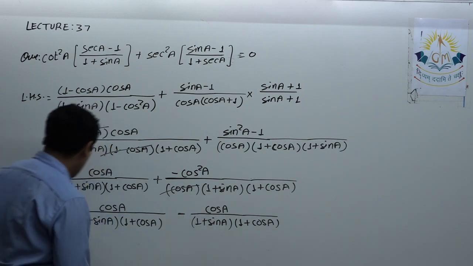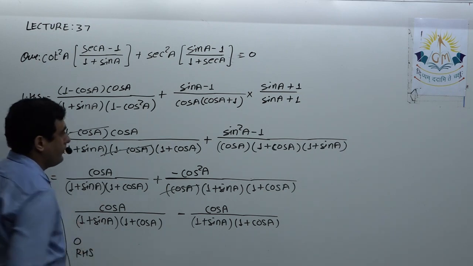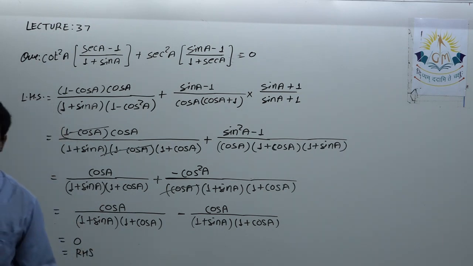So this will cancel out with this. So here I will get 0, which is equal to RHS. So please note it down, then we'll see the next question.